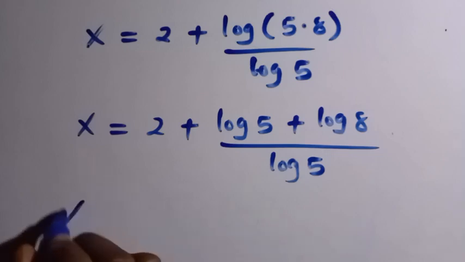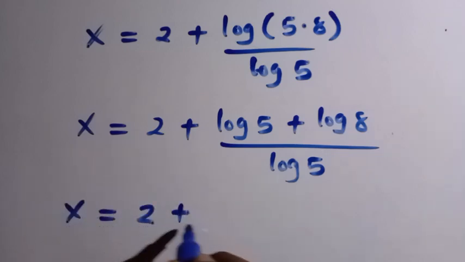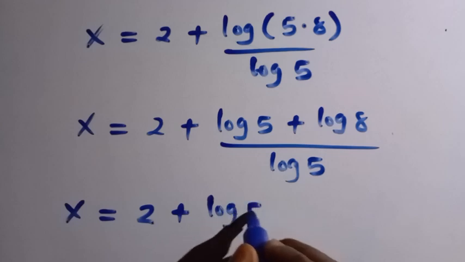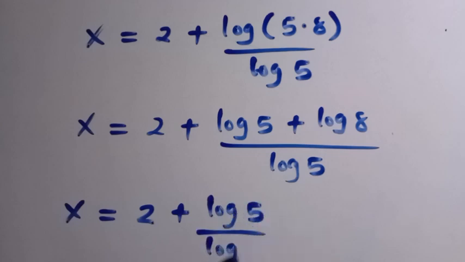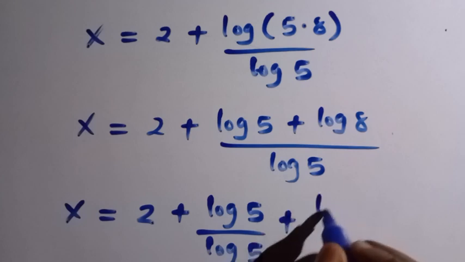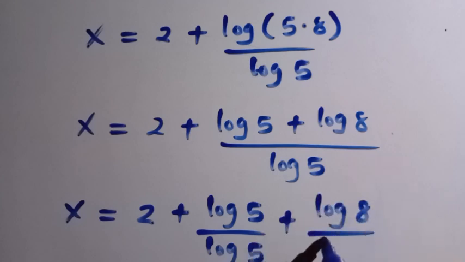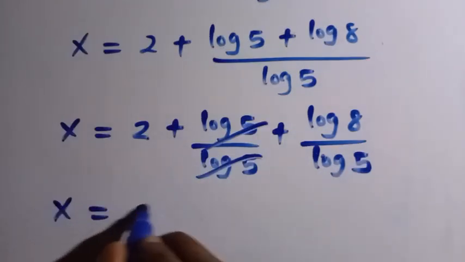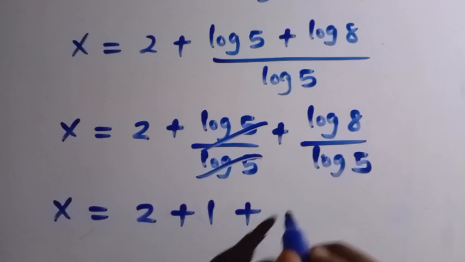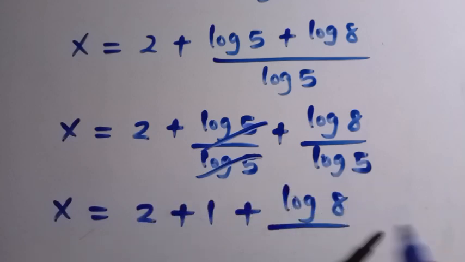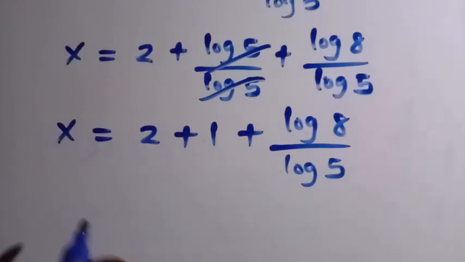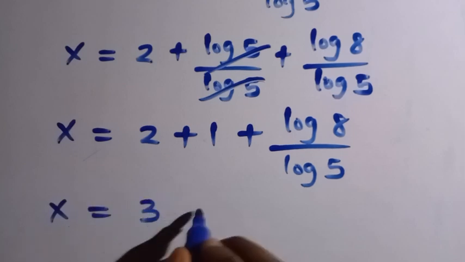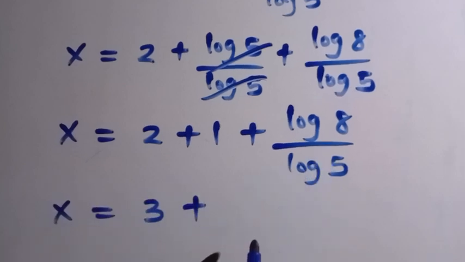Then from here, x equals 2 plus log 5 divided by log 5 plus log 8 divided by log 5. So log 5 cancelled log 5. We have x equals 2 plus 1 plus log 8 divided by log 5.